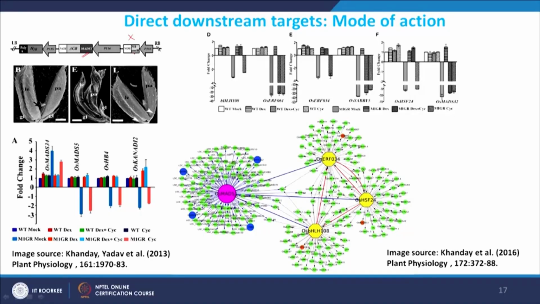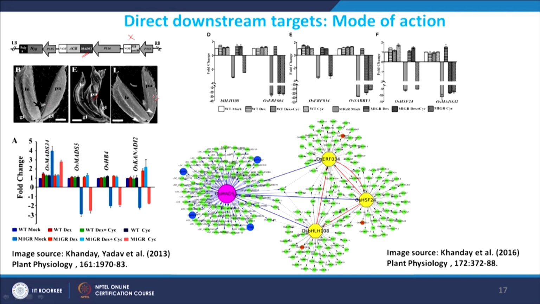And this MADS1-delta-GR, if you induce with dexamethasone, will complement the phenotype. So, as you can see, this is wild type. When you do not complement with delta-GR, florets are like this, but when we complement with delta-GR after dexamethasone induction, flowers are very normal.